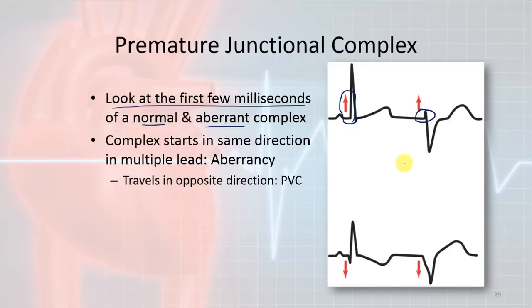If you were just to look at this on the rhythm, it would look like this would be a normal sinus beat or normal sinus rhythm, and this over here would probably be a PVC. But if you look at this area here and this area here, they are both traveling upwards in the same direction with the same angle. And that tells me that this is not a PVC, but an aberrancy.